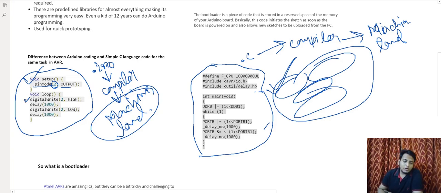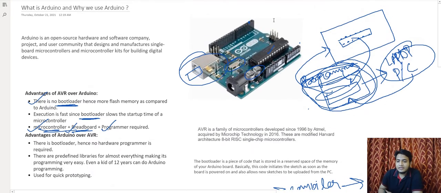So in this digitalWrite 2 HIGH, you can just understand that for pin number 2, these are the number of pins, okay, from 0 to 13 here.